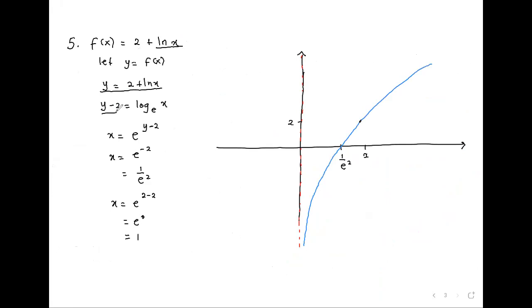And then we raise using the first law, so we'll have e to the power y minus 2 is equal to x. Once we have this, we already know the family. We are doing all this so that we could know the x-intercept. The asymptote is not affected. The only thing affected was the x-intercept. So once you get the x-intercept, you sketch the shape that you identified using the family of curves. End of business.